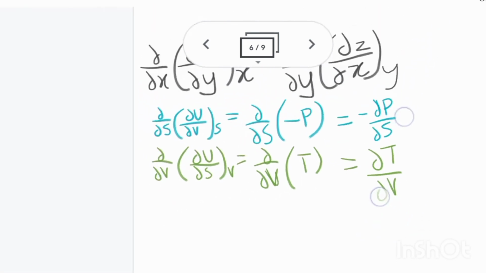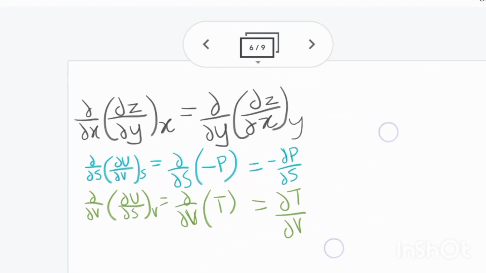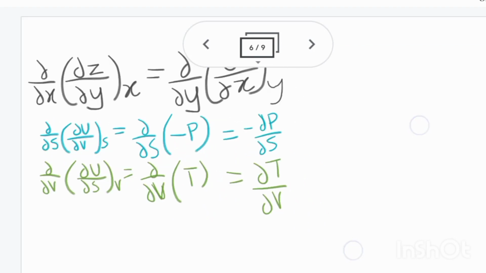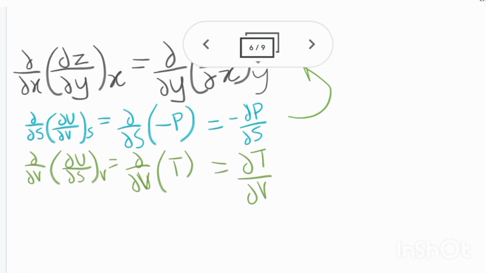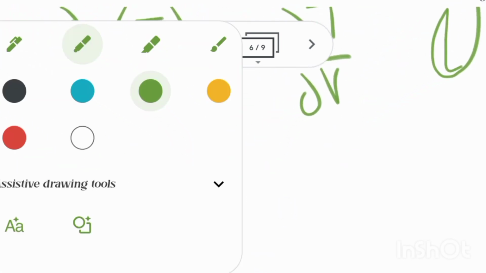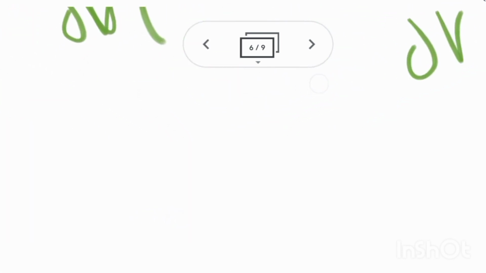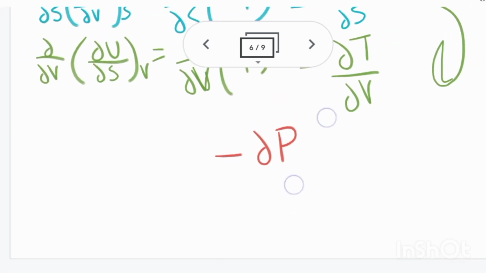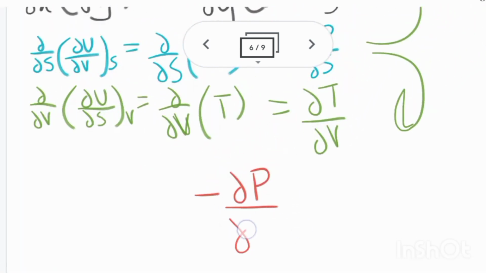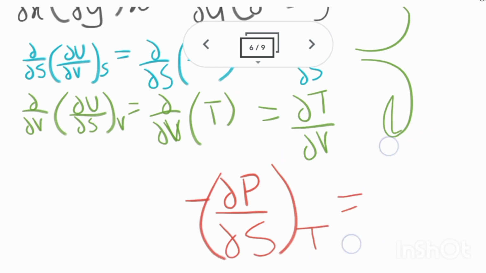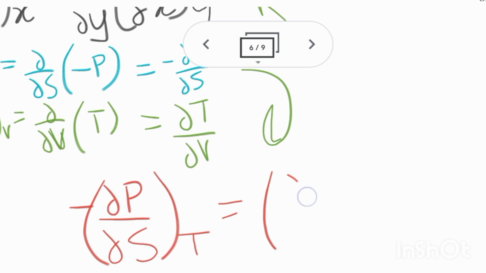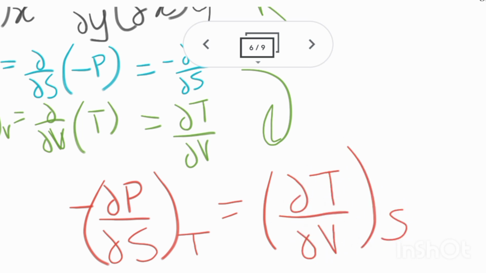Now using the exact differential theory, these two terms are actually equal, so we can conclude that minus ∂P/∂s at constant v will be equal to ∂T/∂v at constant s.